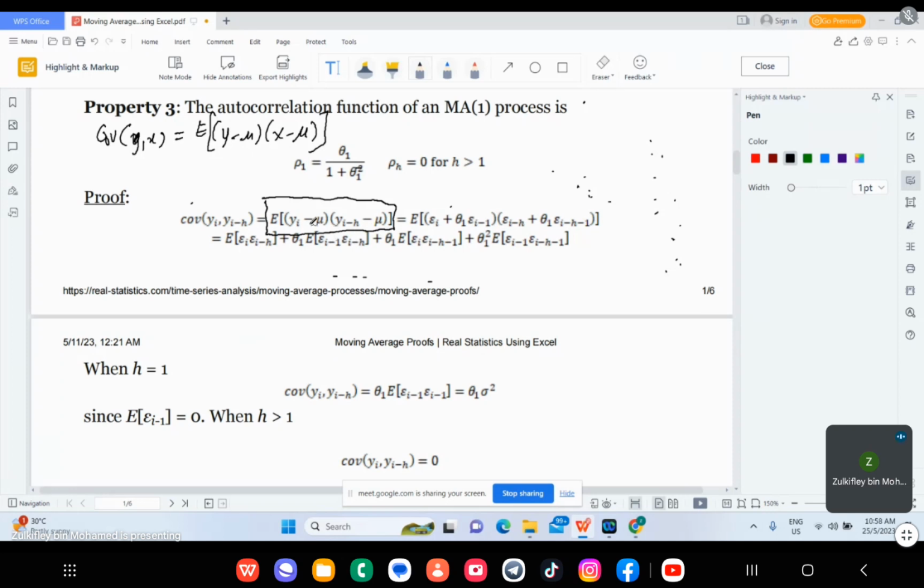The function for Yi is equal to what? Yi is equal to the expectation mu plus theta 1 epsilon i minus 1 plus epsilon i.